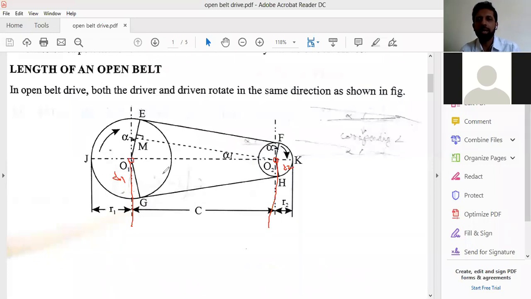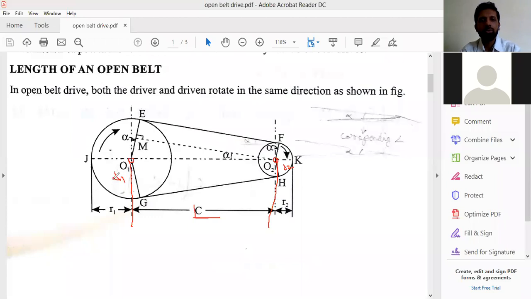These two shafts are at a particular distance C, with a D1 diameter pulley and a D2 diameter pulley mounted on each shaft. So what should be the length of the belt for this?